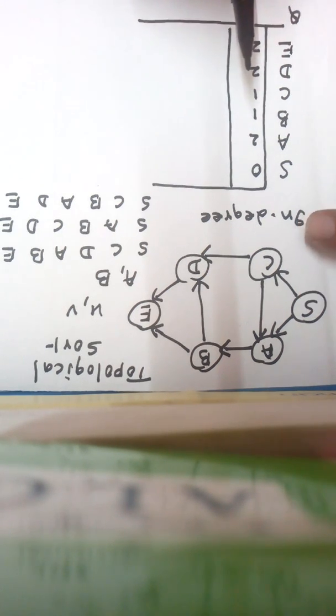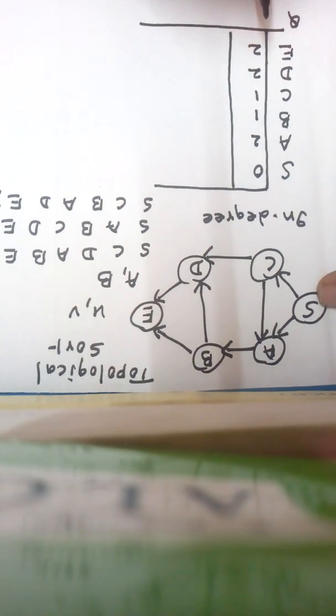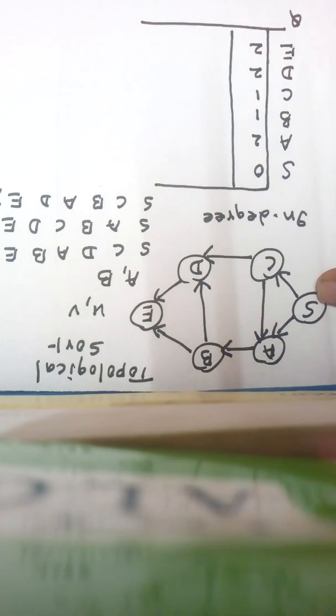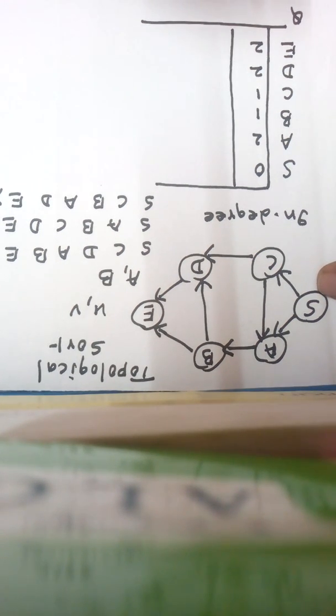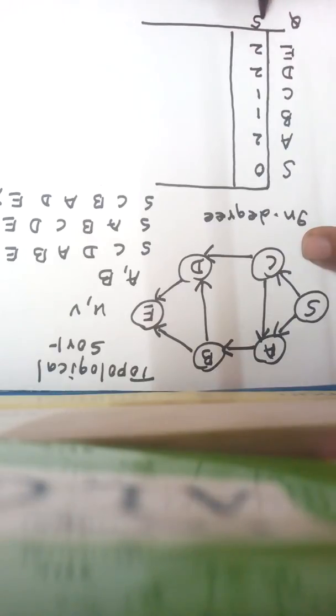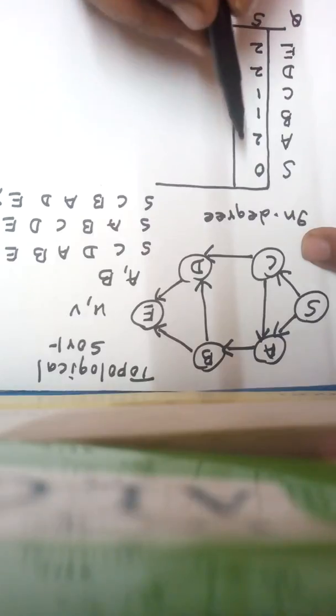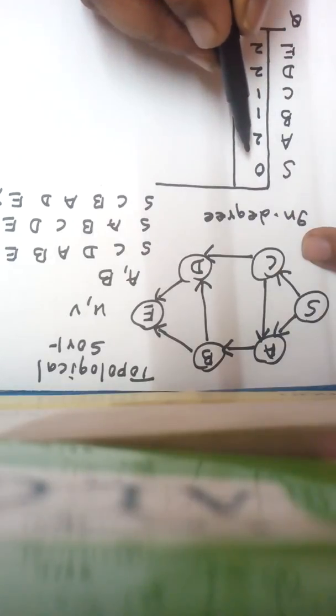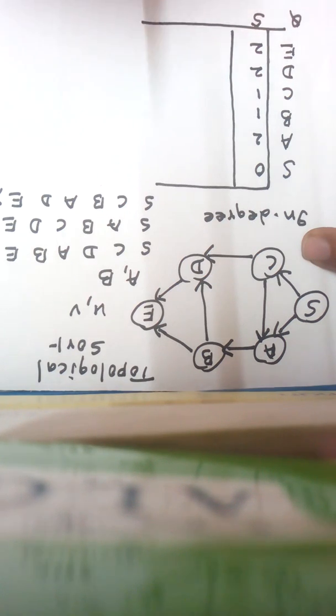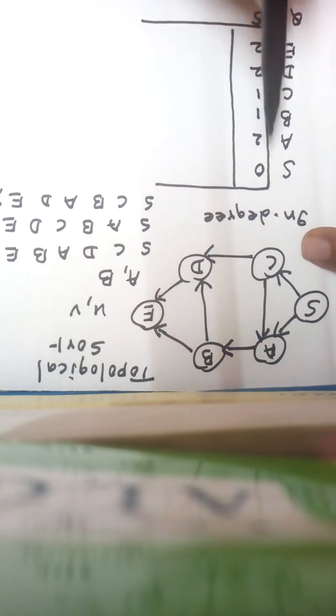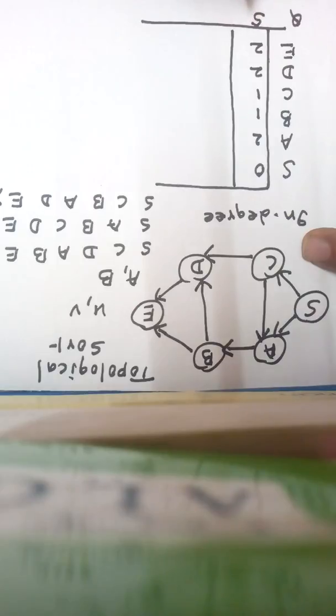That is, if S is removed, A and C are the adjacent vertices for S. So the in degrees of A and C will get reduced by 1. So let us NQ S first. So whatever the vertices with in degree 0 are going to be in the Q. So now S is the only vertex with in degree 0.